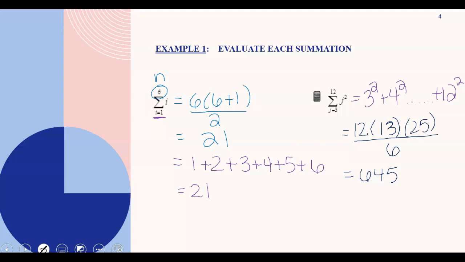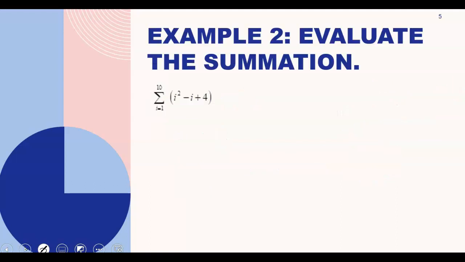So that first formula is i squared, so it would be n times n plus 1 times 2n plus 1 all over 6, minus the n formula, which is n times n plus 1 all over 2.